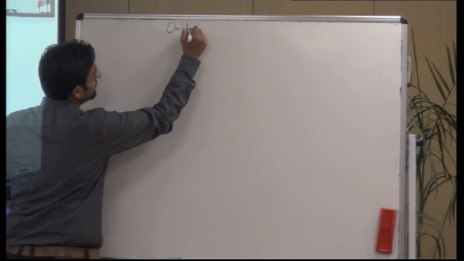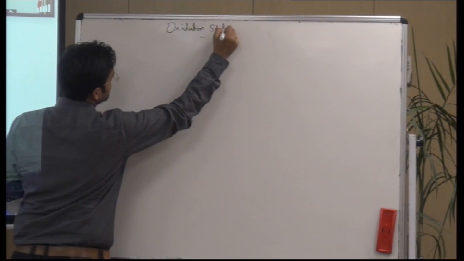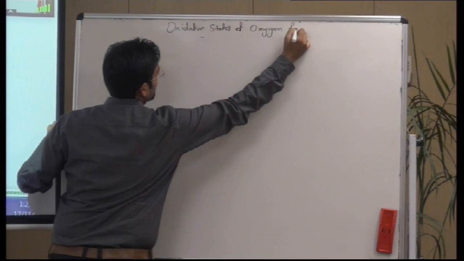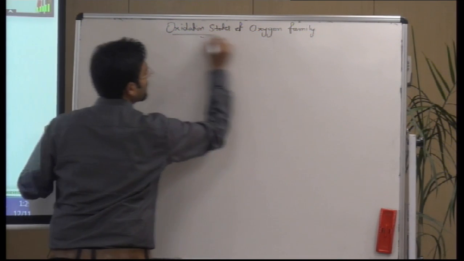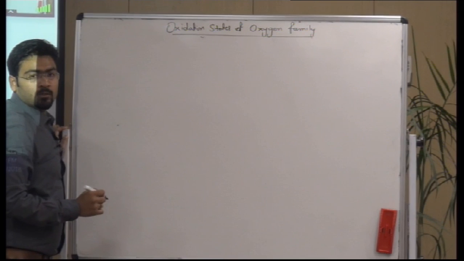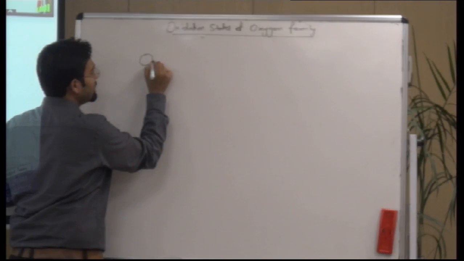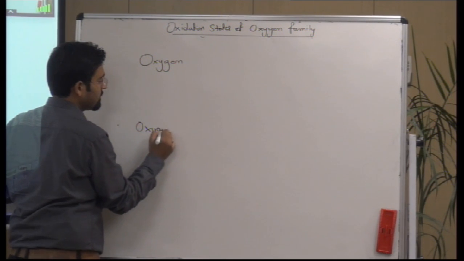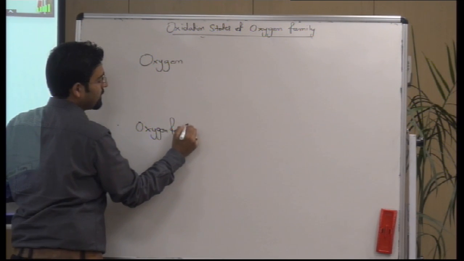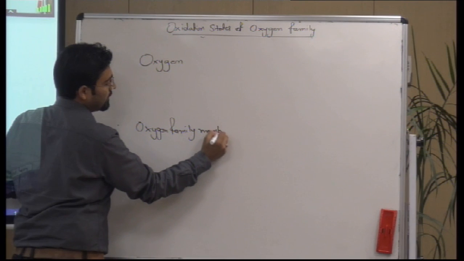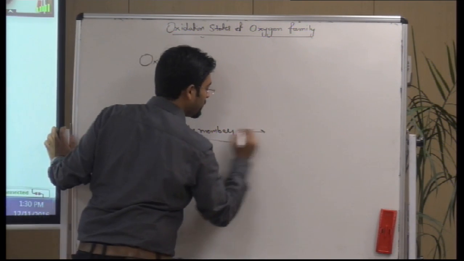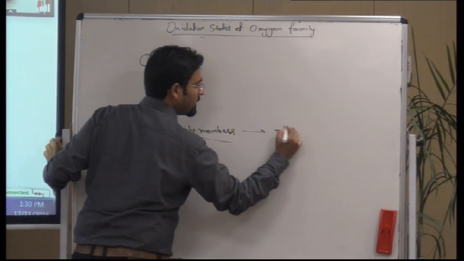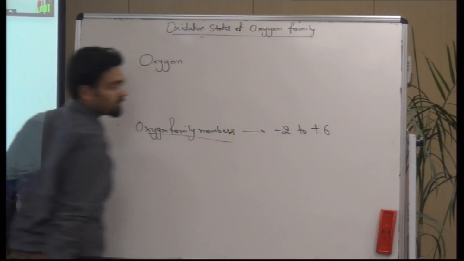Oxidation states of the oxygen family. In the oxygen family, except oxygen, the oxidation state shown by the members ranges from -2 to +6.